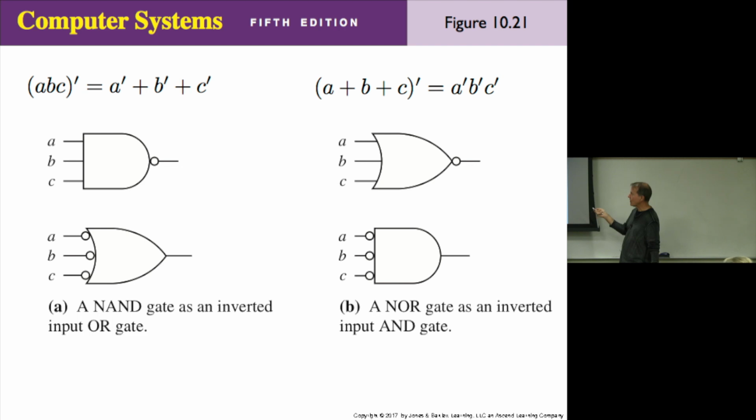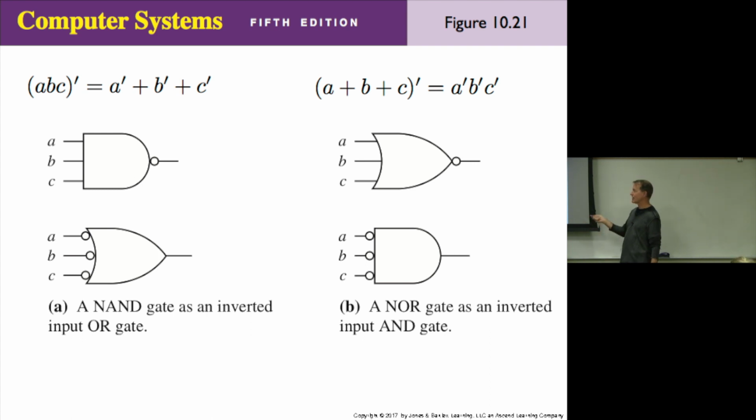Now, if I ask you to draw a logic diagram of A prime or B prime or C prime, you would draw it just like this bottom figure in part A. The way you say this is an inverted input OR gate. So it's as if those inversion circles are coming in from the inputs, and the inputs are being inverted, and then it's going to an OR. Are you with me on this?